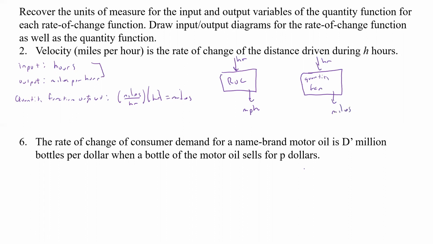Okay. All right, so let's think about the next one. The rate of change of a consumer demand for name brand motor oil is D prime million bottles per dollar when a bottle of motor oil sells for P dollars. All right, so input. Well, input looks like has to be dollars. Output, well, that's going to be what? Million bottles per dollar.